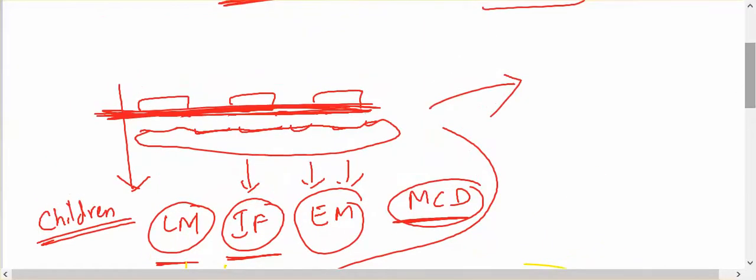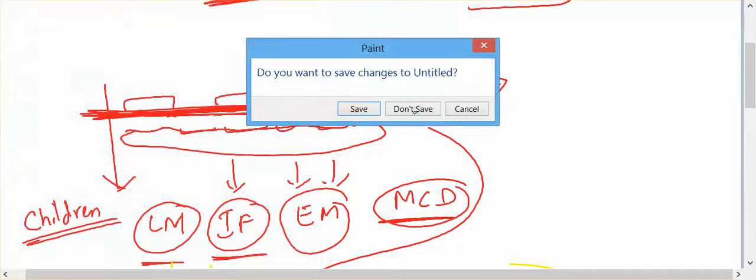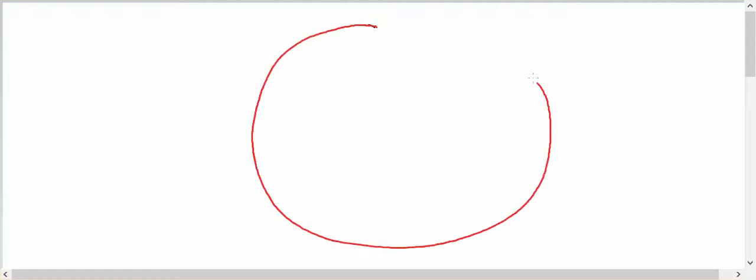In some disease, let us draw the glomeruli. We'll draw a glomeruli. What is this? Bowman's capsule, and I'm going to draw the capillary.